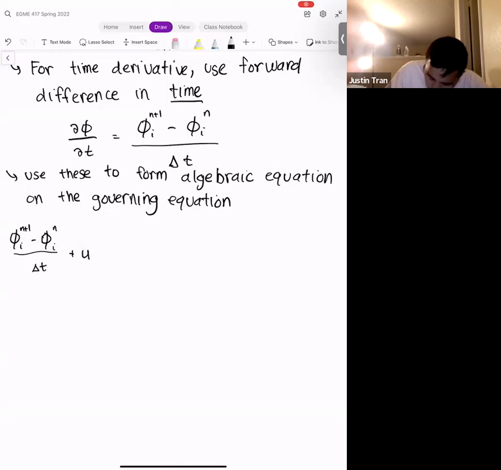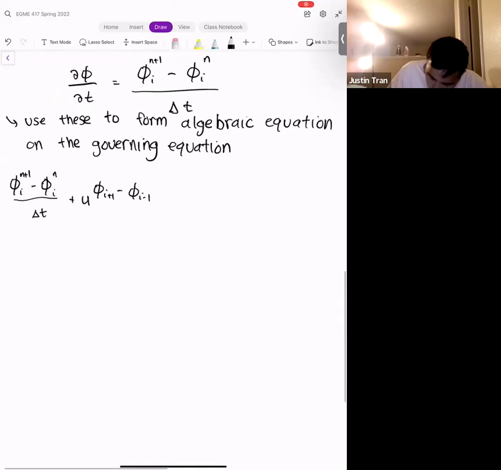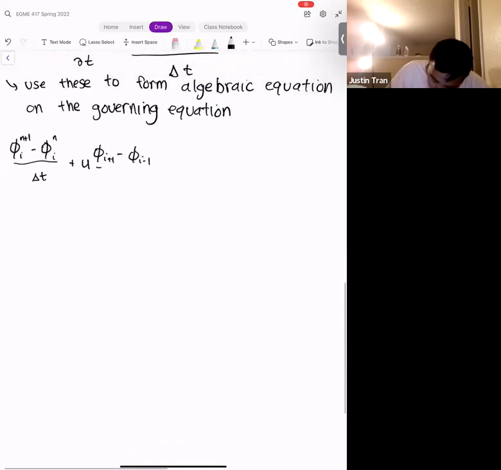Next, we're going to do the convection term. Right. I'm just assuming that we have a stable solution here. So I'm just going to use just a straight up central difference.